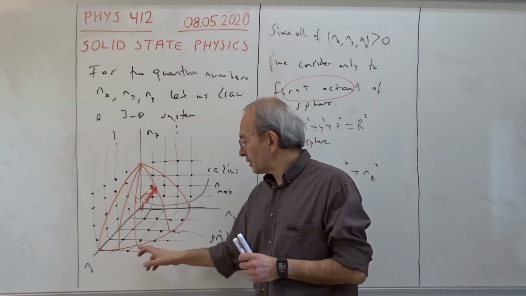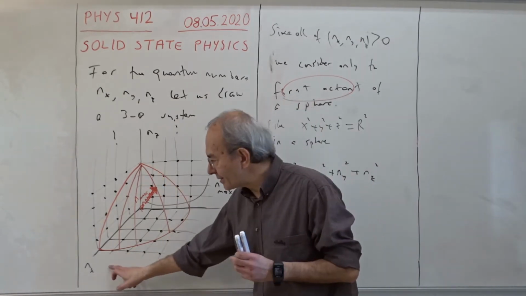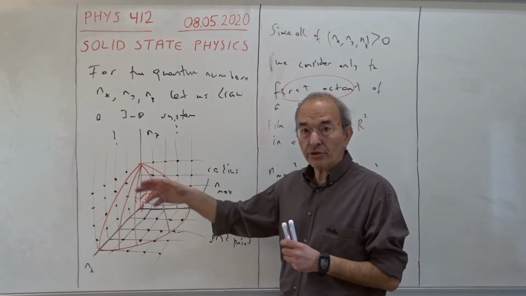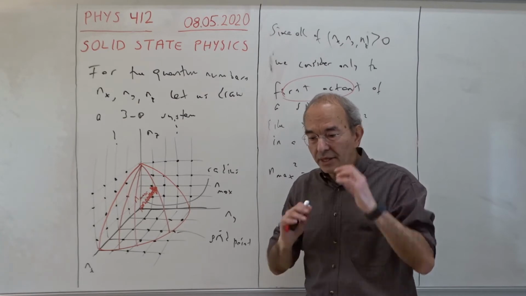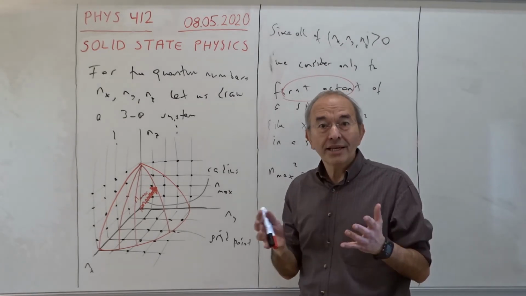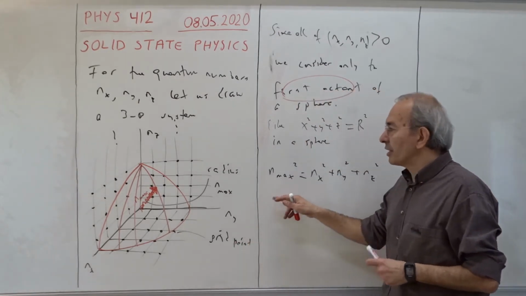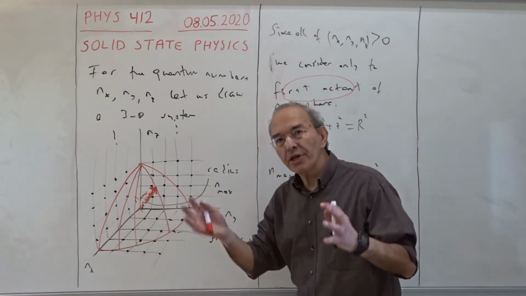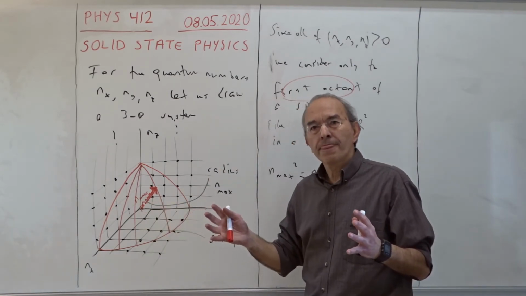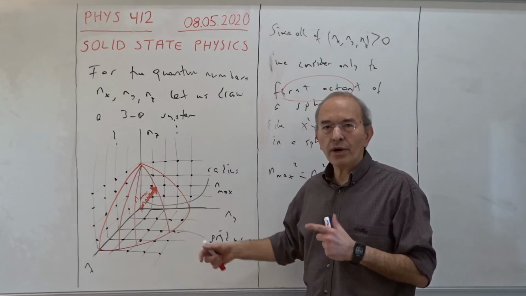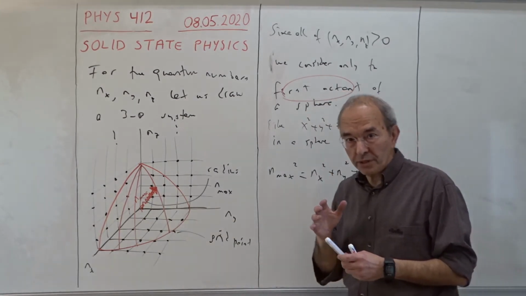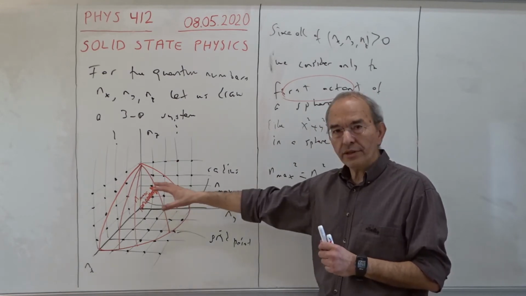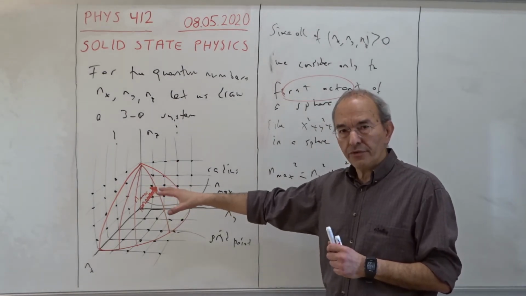This is not x, y, or z. It is nx, ny, and nz. What are those values? They are the quantum numbers in a three-dimensional potential well. So this is the radius of that hypothetical spherical surface having components nx, ny, and nz. And since all of them should be positive, we consider 1/8 of this.